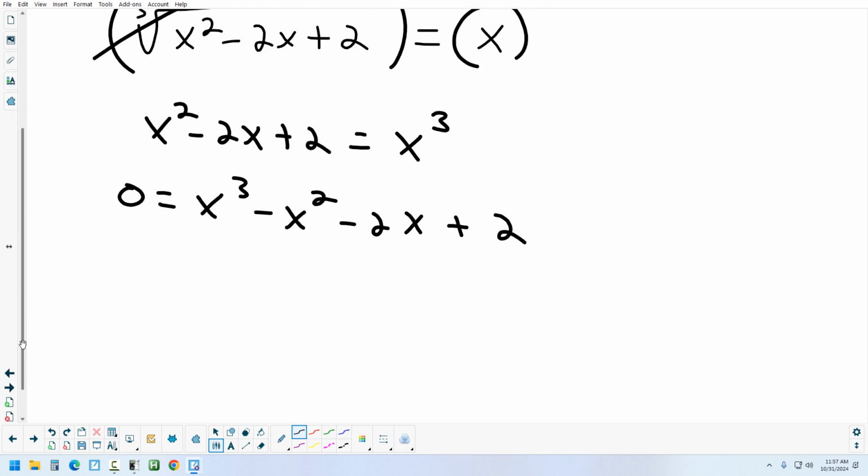What can you factor out of the first 2? Sorry, when I move everything to the other side, it's minus x squared plus 2x minus 2. It hadn't messed us up yet, but it was about to. I just noticed it. Yep. X squared. Factor out the x squared.